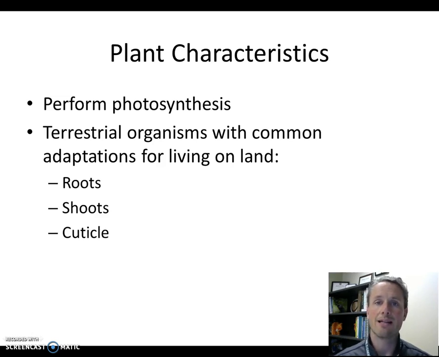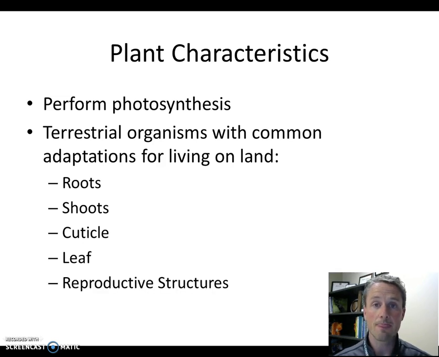We'll think about the plant's cuticle. We'll look at the leaf structure. And finally, we'll think about reproductive structures that allow reproduction on land. So these 5 characteristics represent the set of terrestrial adaptations that allowed plants to evolve and move out of the water onto land.